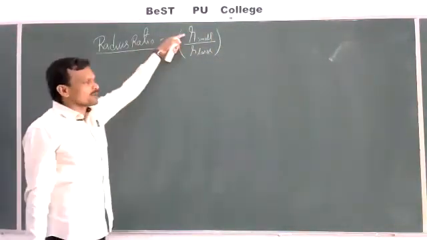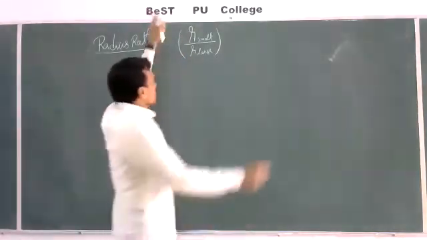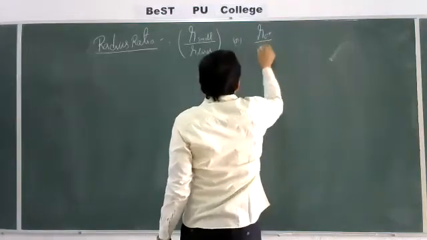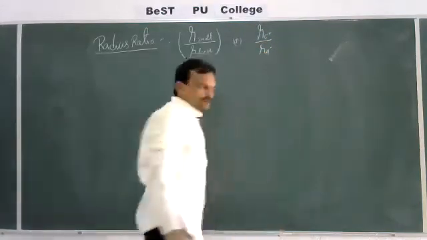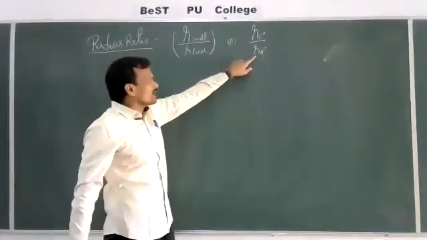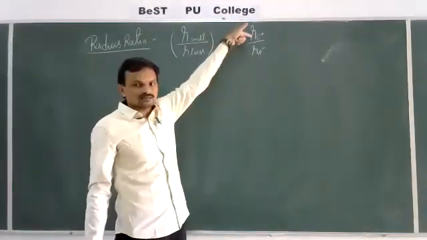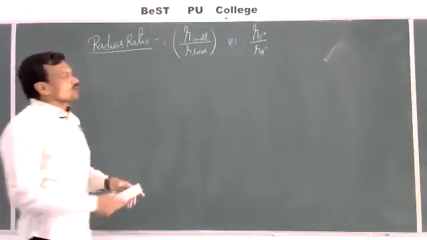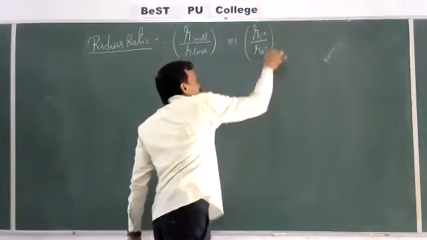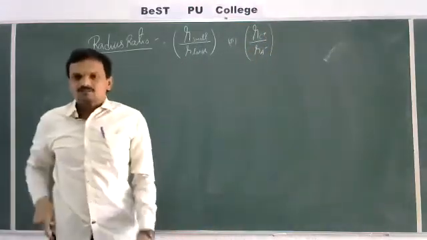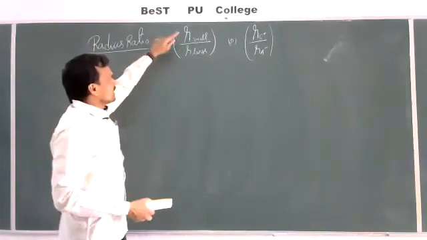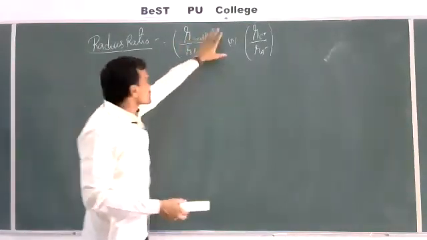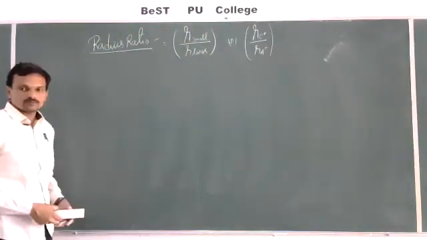In other words, it is the radius of the cation to the radius of the anion, when the anion is larger than the cation. So the ratio of the radius of the small particle to the large particle is called the radius ratio.